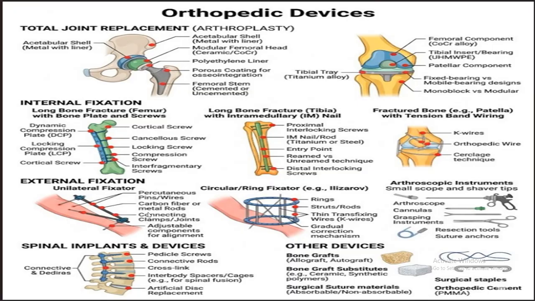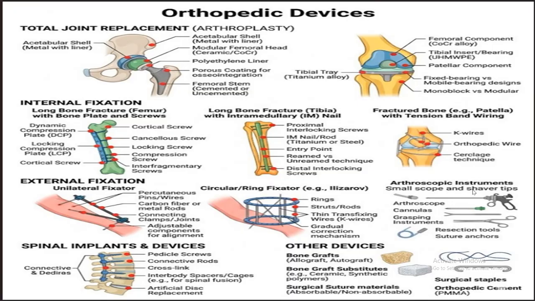Here also the physician will use percutaneous pins, wires, carbon fiber or metal rods. Next we have circular ring fixators. These we will not code mostly, but we need to have an idea of this one also. Usually we will see it as halo, application of halo for cranial injuries.